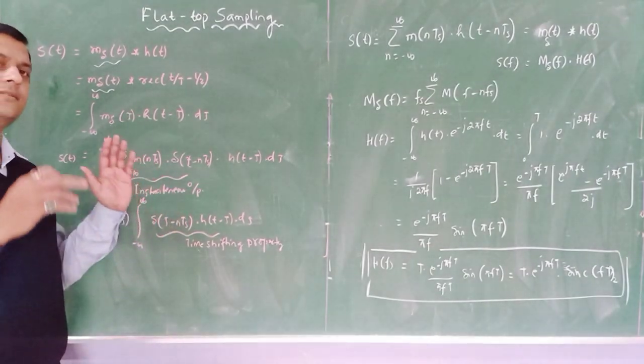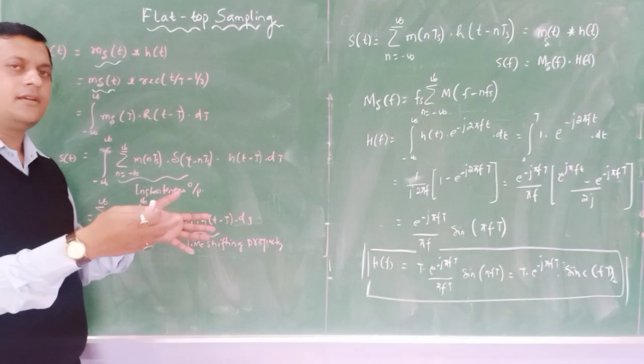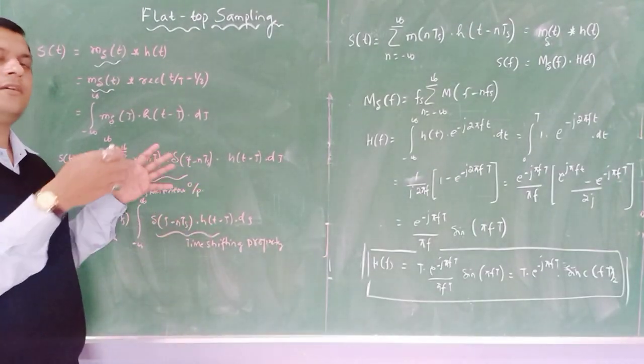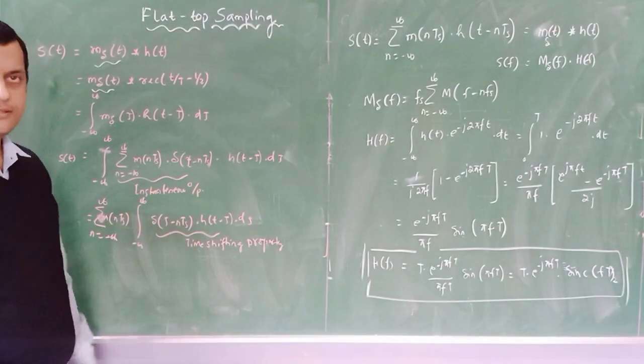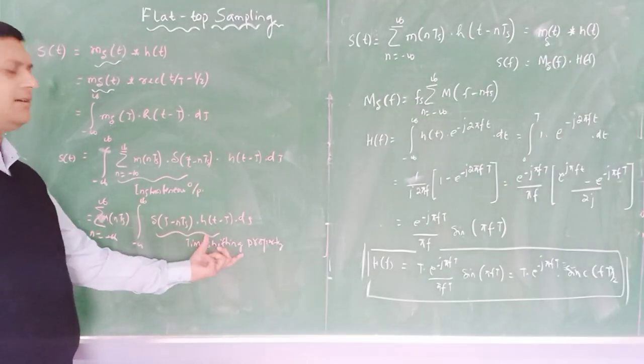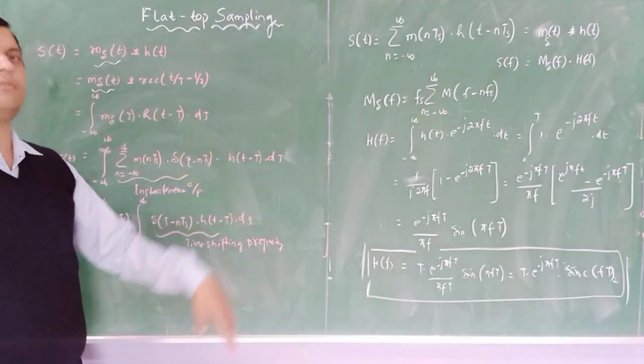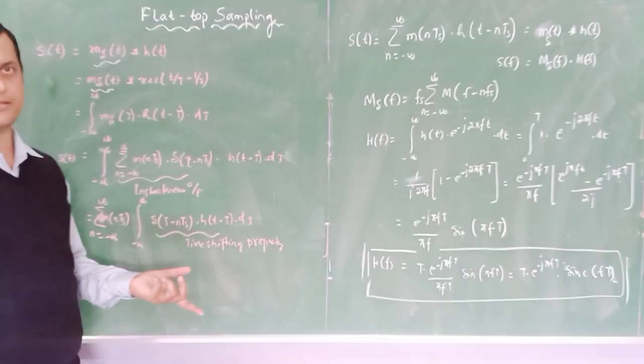Now whenever an impulse function is shifted in position and multiplied with another function, that function also becomes shifted. So it comes under the time shifting property. Delta of t multiplied with any function results in that function.